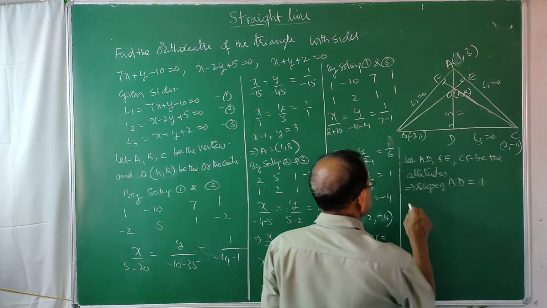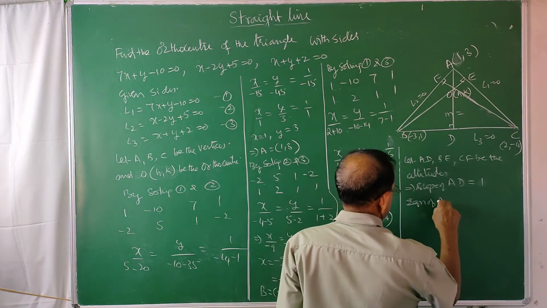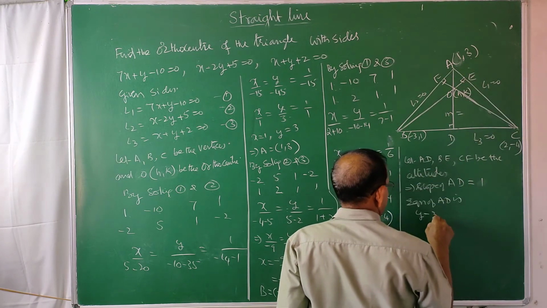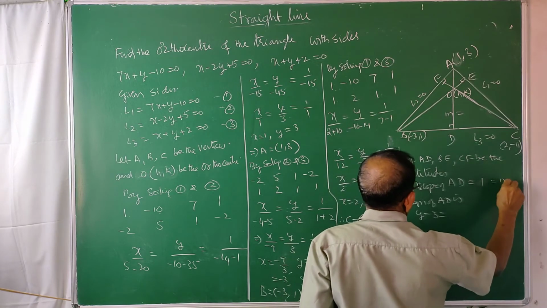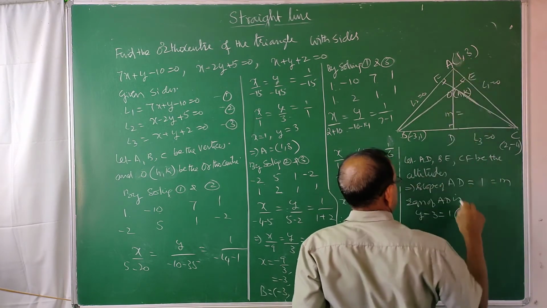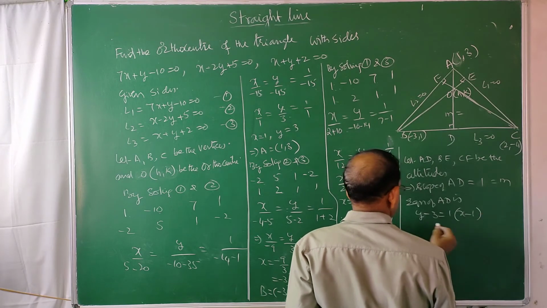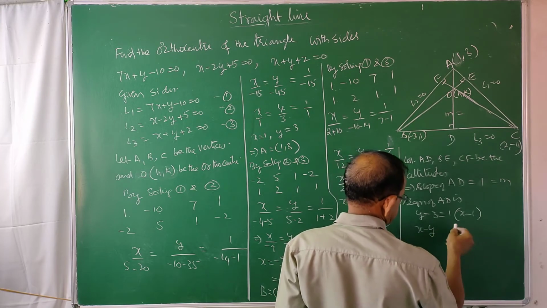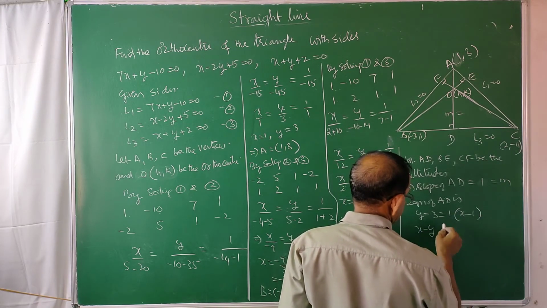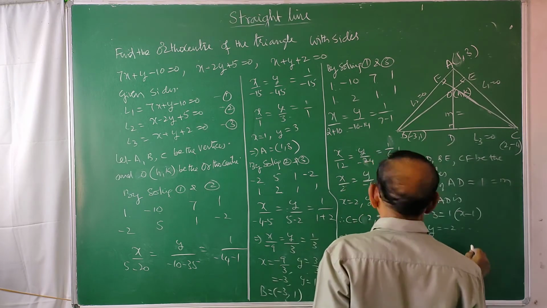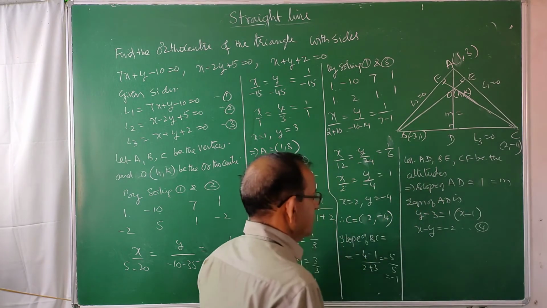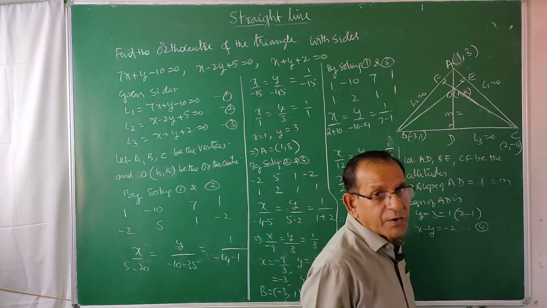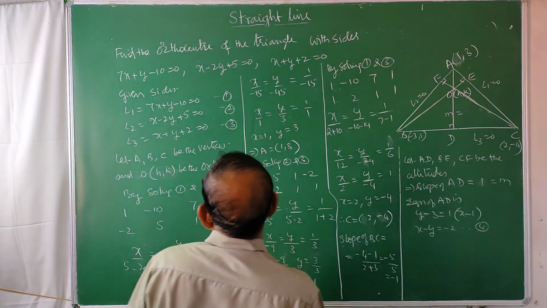So what is the equation of AD? y minus y1, y1 is 3, m is 1, into x minus x1, that is x minus 1. So y minus 3 equals x minus 1. Bring y to the right side and 1 to the left side: x minus y is equal to plus 1 minus 3, that is minus 2. Take this equation as 4. We got one altitude. Similarly, you have to find the BE equation. If you solve those two, you will get the orthocenter.